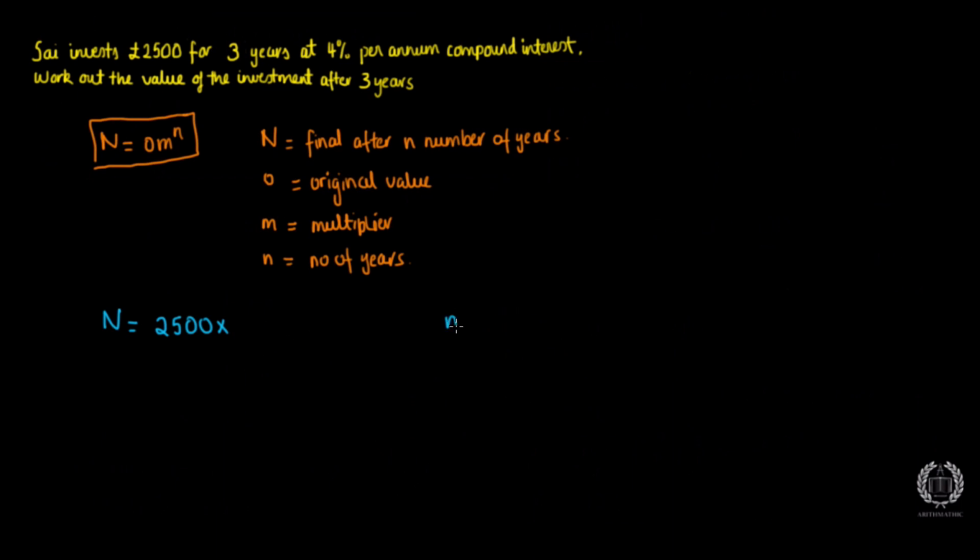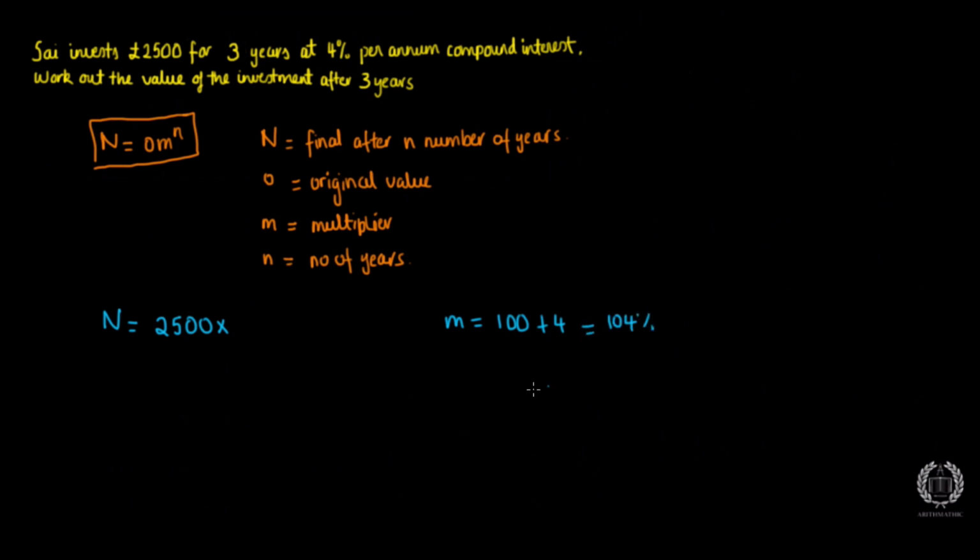Basically, to find the multiplier, I'll write it here on the side. We know percentages is out of 100, and we know here that we have 4% compound interest. When you hear the word interest, it means you're adding a value, right? So because percentages is out of 100, and interest is adding, we're going to do 100 plus 4, which gives us 104%.